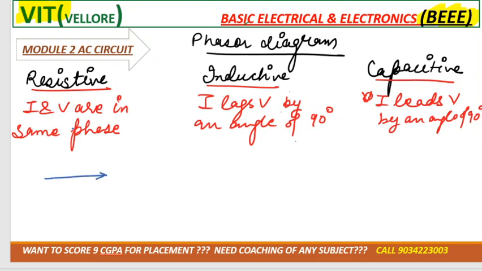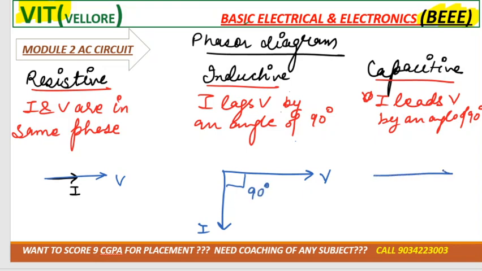Same phase means, generally voltage we take on the x-axis, right? So current is also on the x-axis. Clear? Similarly, here voltage is on the x-axis and current lags, lags means on the downward side by 90. Here voltage is there and current leads by an angle of 90, got it?